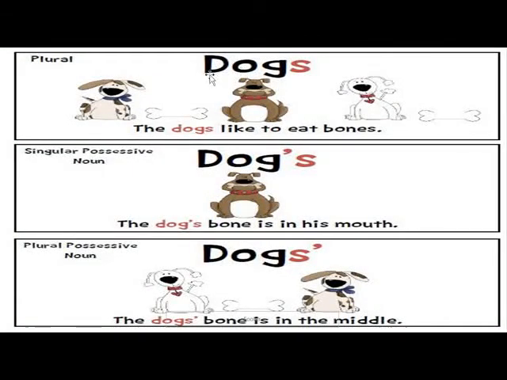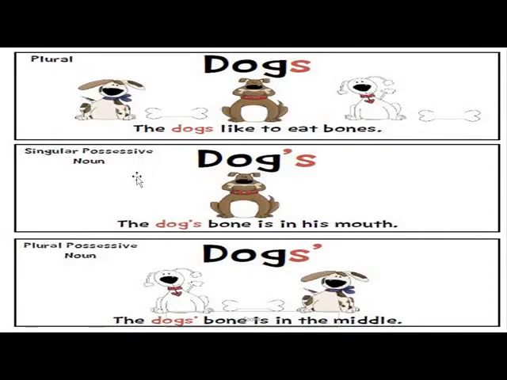Here is a plural noun. It is dogs. It means I have 1, 2, 3 dogs, and they have some bones. The dogs like to eat bones.